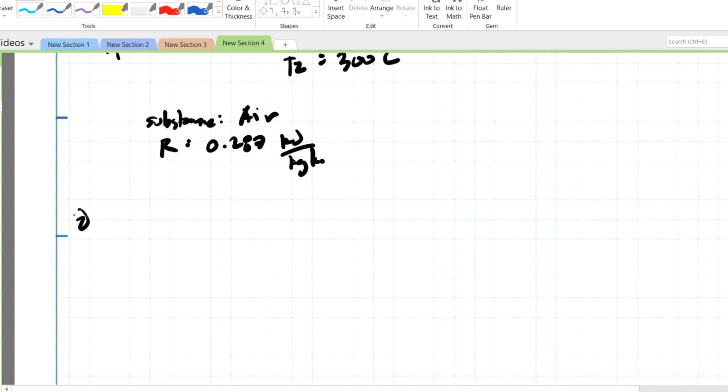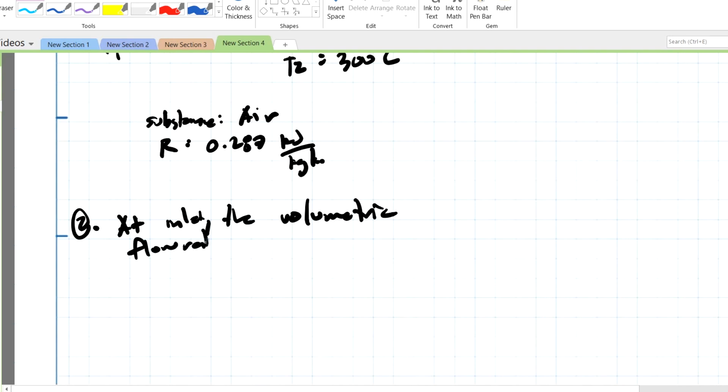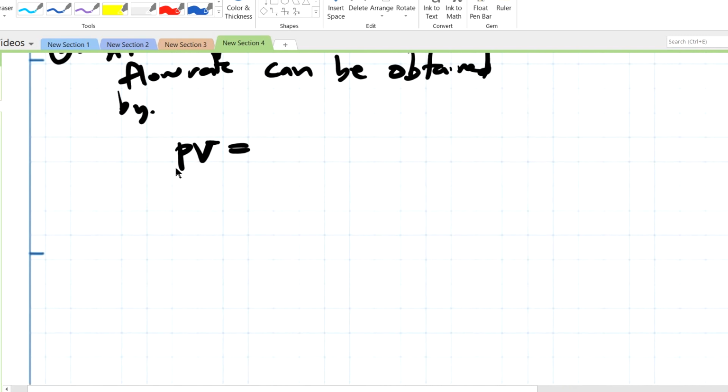So next step, at the inlet, the volumetric flow rate can be obtained by, okay, so recall PV, we will be using total volume.